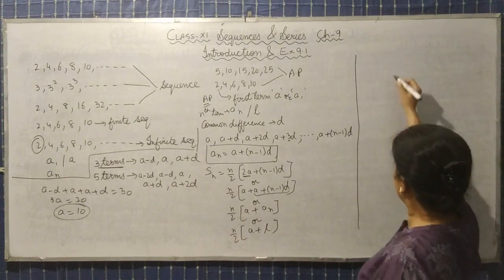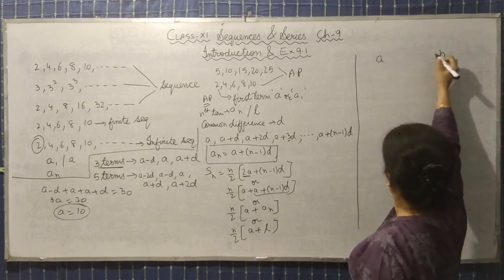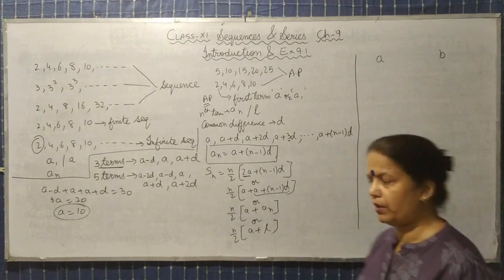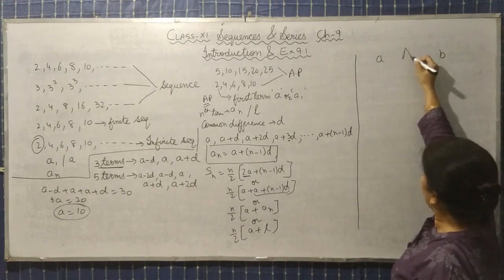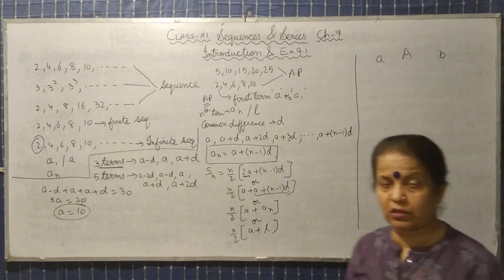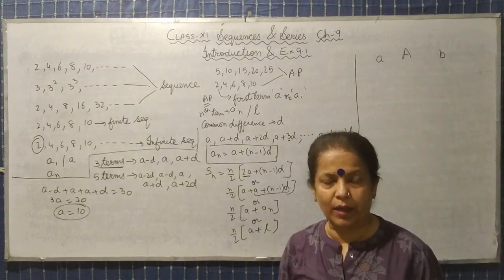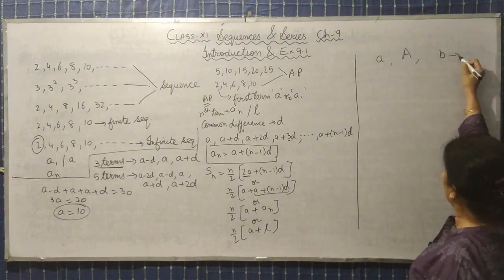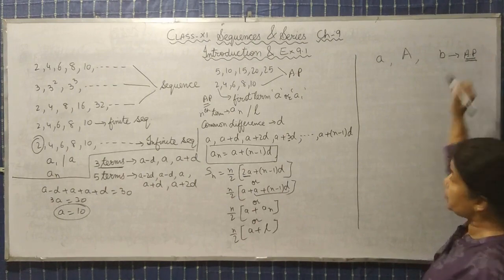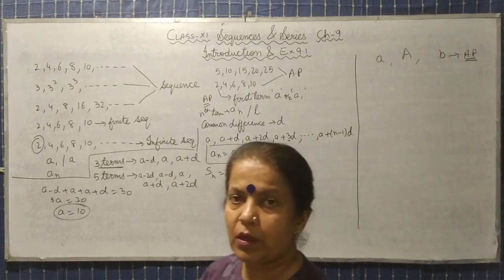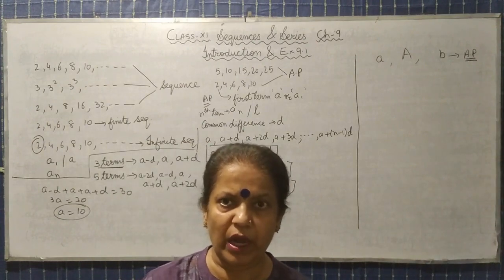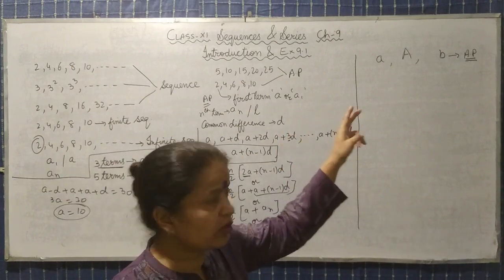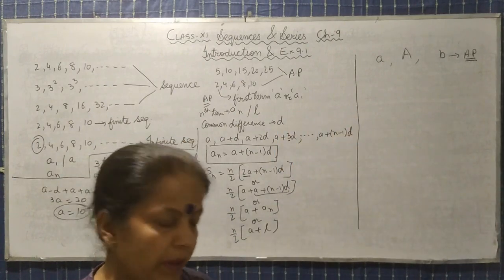One more concept. Suppose there are 2 terms, a and b, and between a and b we have to insert one more term, capital A, such that it forms an AP. Between two terms we have inserted one more term, such that all three terms form an AP.